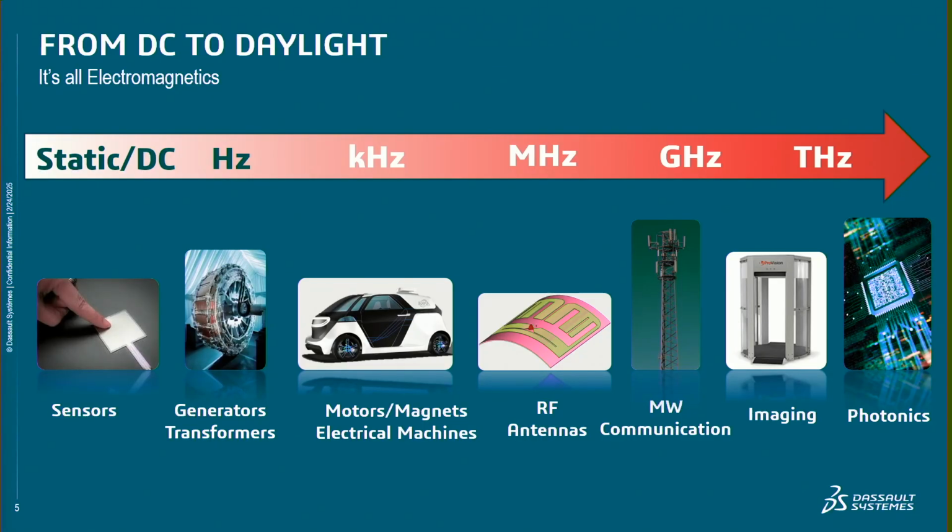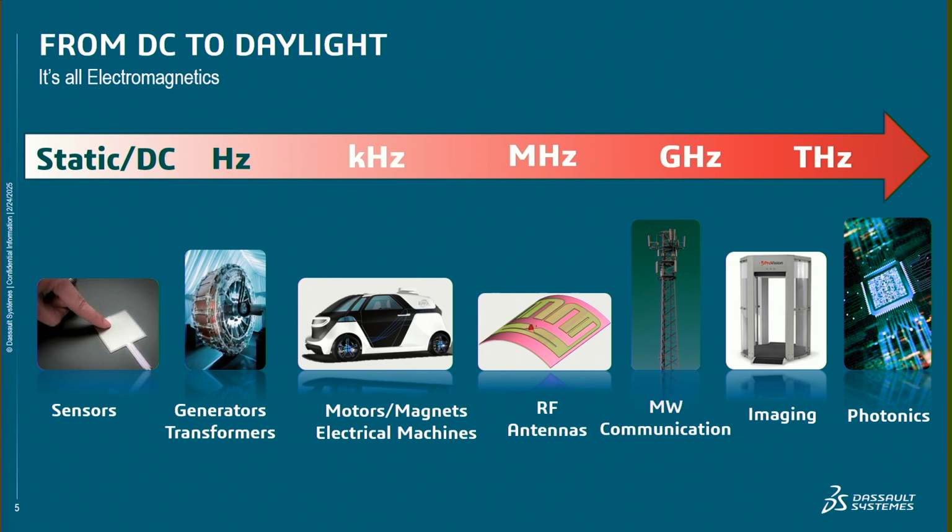We could be talking about starting with low frequency or no frequency down at the sensor level, doing sensors and DC stuff. As we start increasing and adding frequency in there, we get into low frequency applications like motors, like generators, etc. Moving into higher frequency, we start getting into communication.